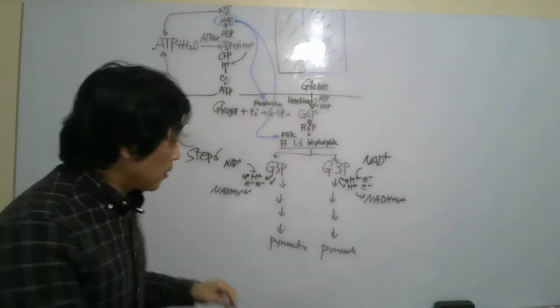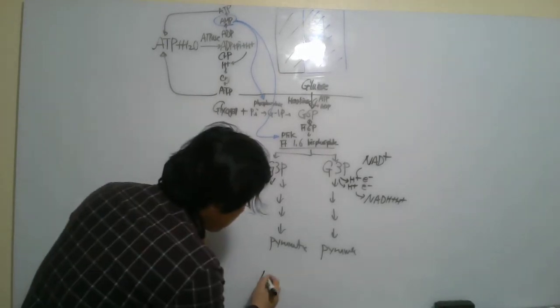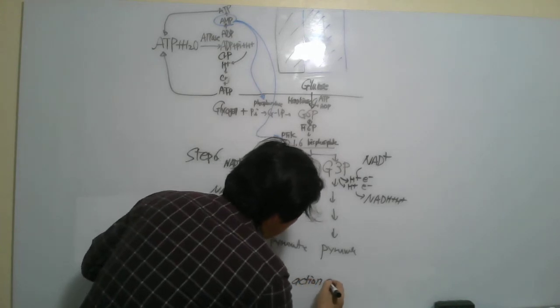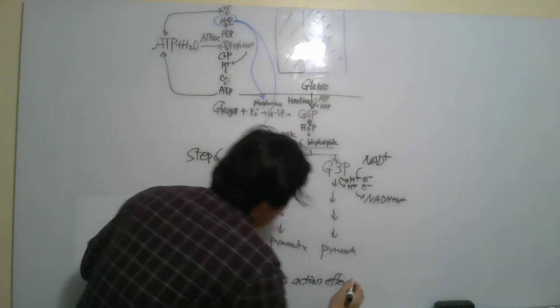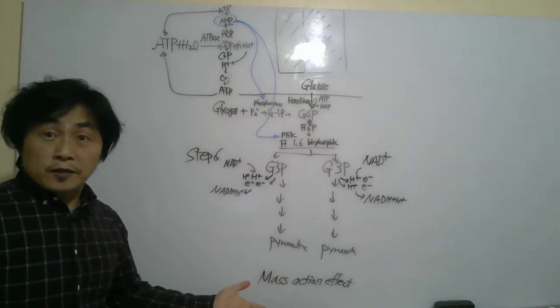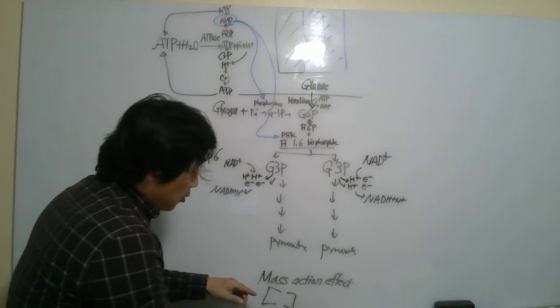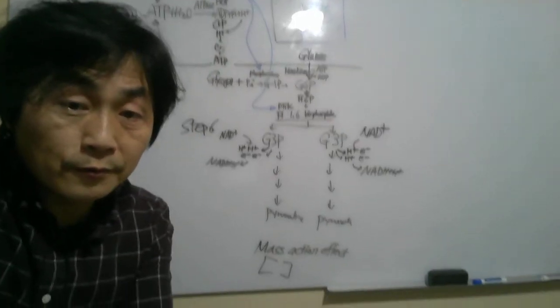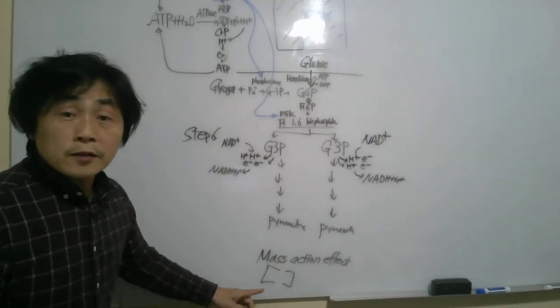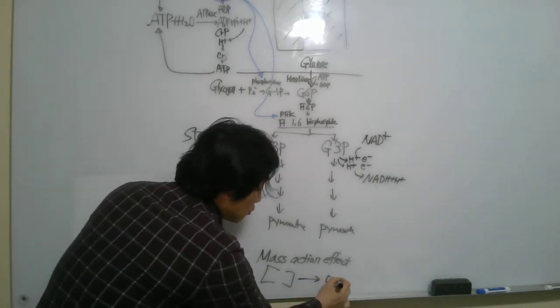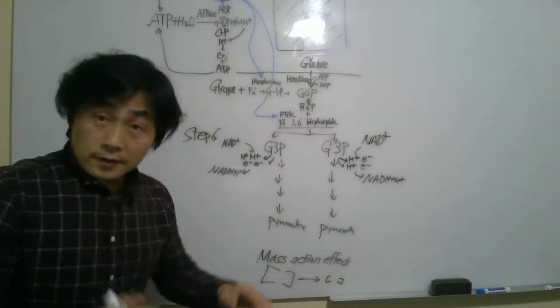Class, do you remember the mass action effect? Which was really important. That is concentration: high concentration goes to the lower concentration, right? So this is why the reaction can go.